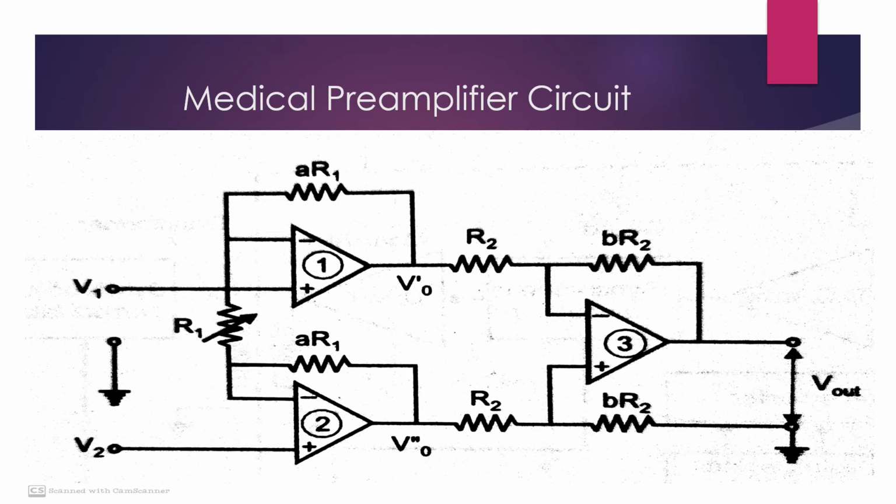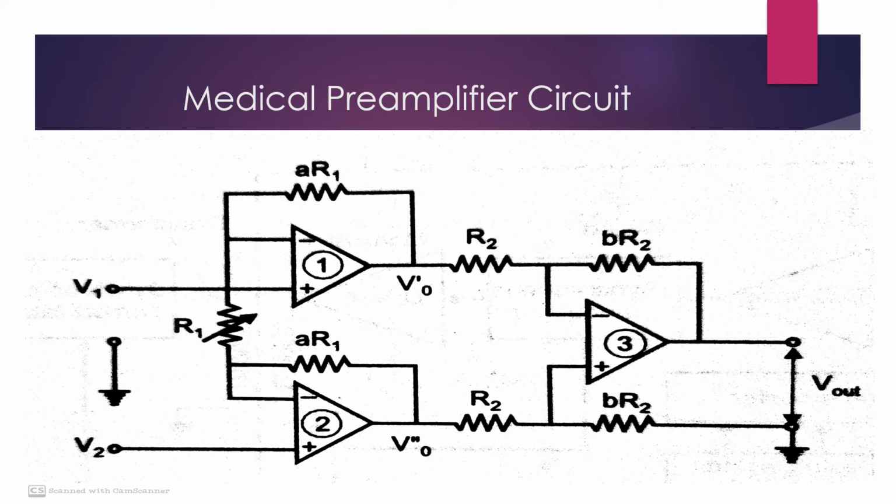The first two amplifiers are working in non-inverting mode with their inverting terminals not grounded. The feedback loops are connected to the inverting terminals. The third operational amplifier acts as the differential amplifier by getting these two inputs. By this configuration, we get high stability, high fidelity, and high CMRR with high input impedance.